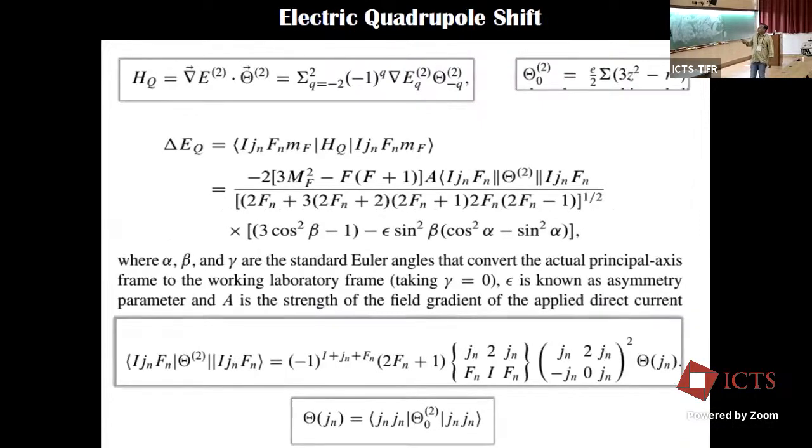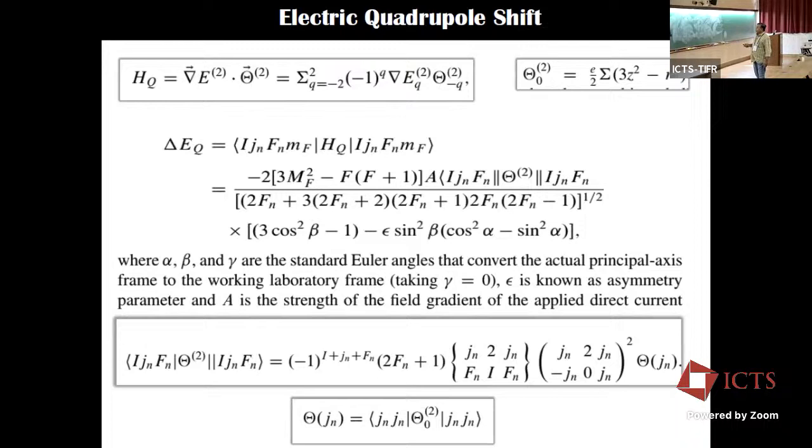Okay, now similarly, when you apply an electric field, there will also be a gradient of the electric field associated with the laser field. So when it interacts with the electric quadrupole moment of the states, that will give us the electric quadrupole shift in the system. And if it's a hyperfine level, the expressions will be something like that, up to first order perturbation.